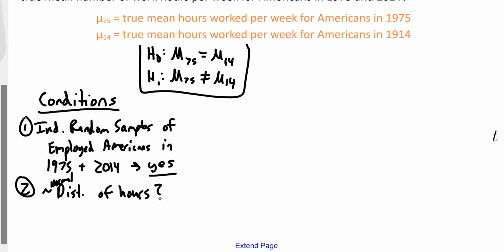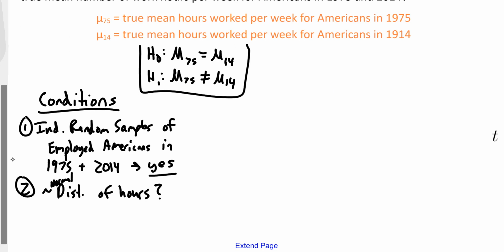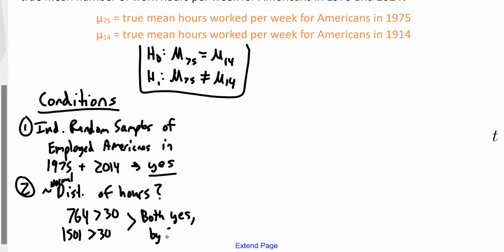Now, we have enough of a sample size for both because it was 764 and 1501. They are both covered by the central limit theorem. Greater than 30, 1501, greater than 30. Both, yes, by the central limit theorem.